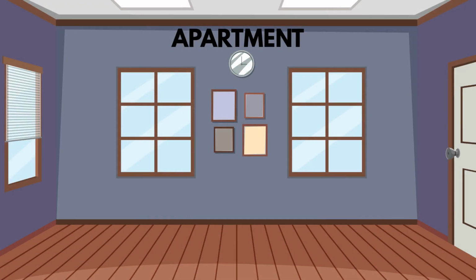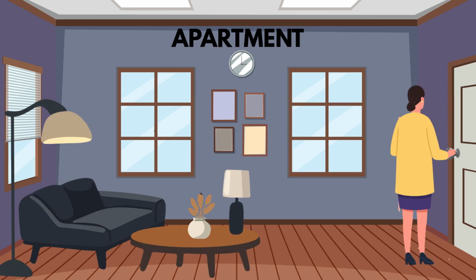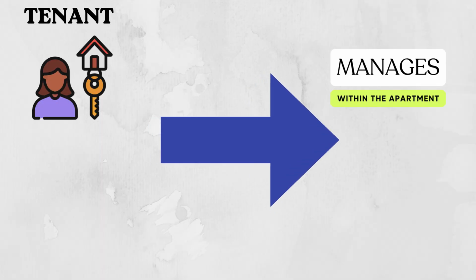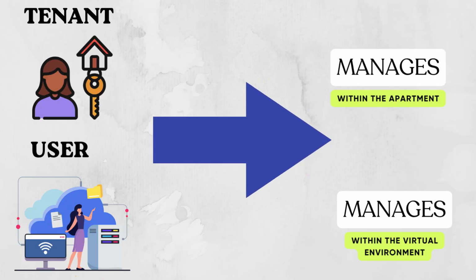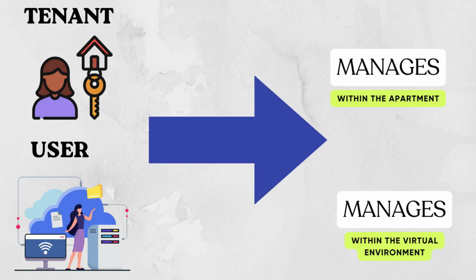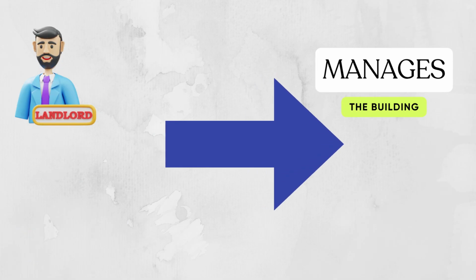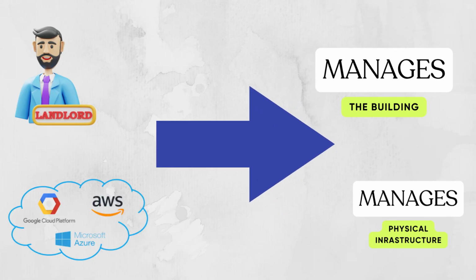The tenant, on the other hand, is responsible for everything inside their apartment, deciding who visits, how to decorate, and which appliances to even buy. So just as the tenant manages everything within their room, the user manages everything inside the rented virtual environment. And just as the landlord maintains the building, the cloud provider handles everything about the physical infrastructure.